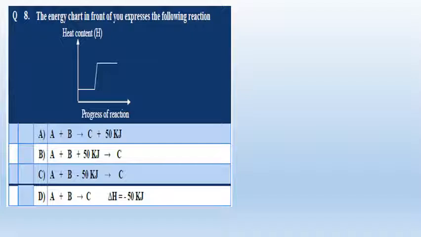This means that the system releases heat energy, and this is an exothermic reaction. And in D, A plus B produces C and delta H is a negative value, so this is an exothermic reaction. So the only one that indicates the endothermic reaction is B, so the answer will be letter B.